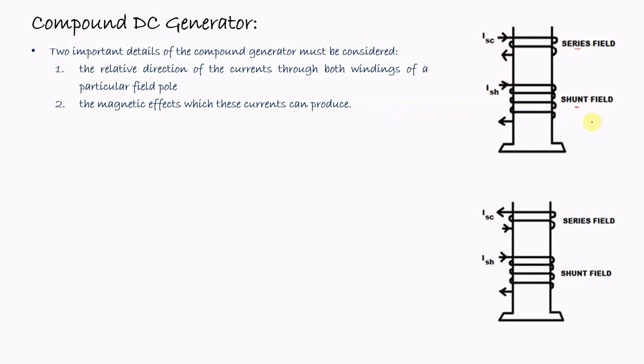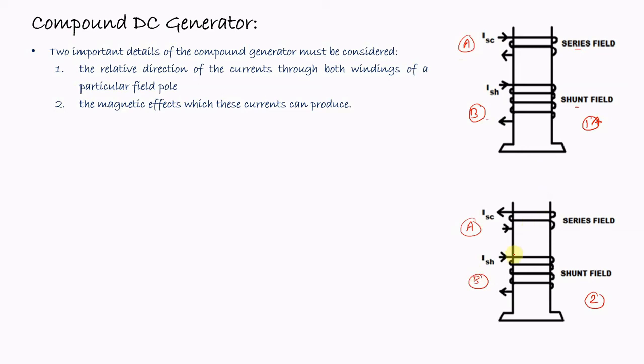Let's say this is figure A, or figure number 1, and this is figure number 2. Here it is field winding A, and this is field winding B. The series field winding is considered as A and the shunt field winding is considered as B. Again it is A and B.